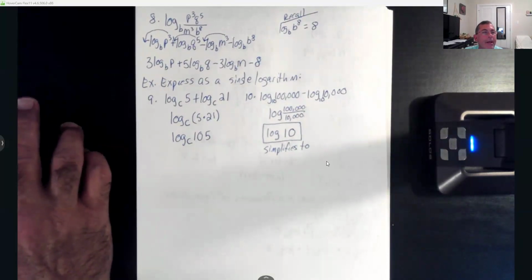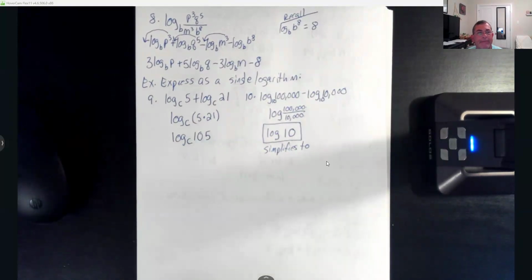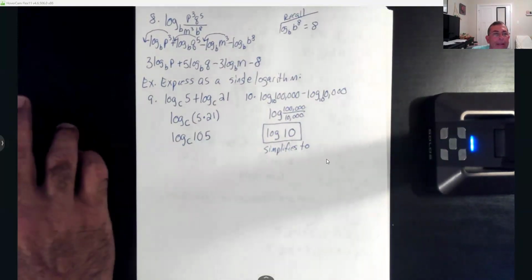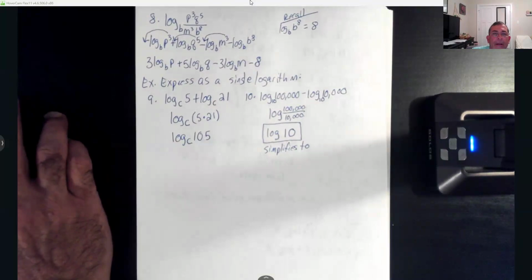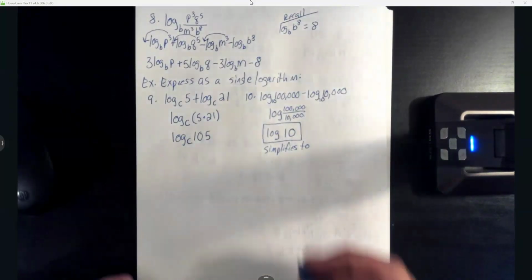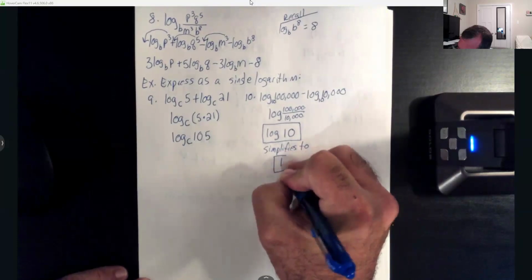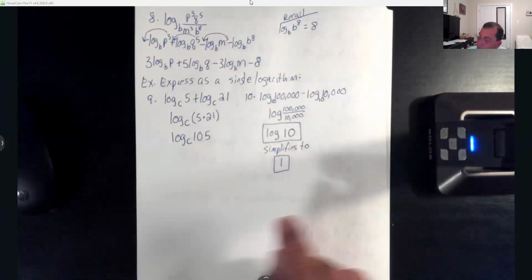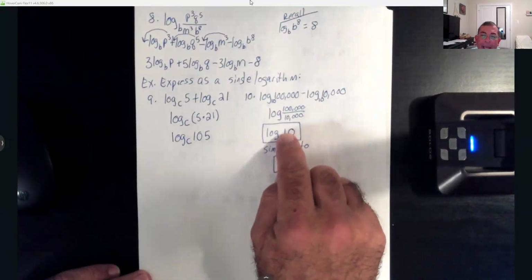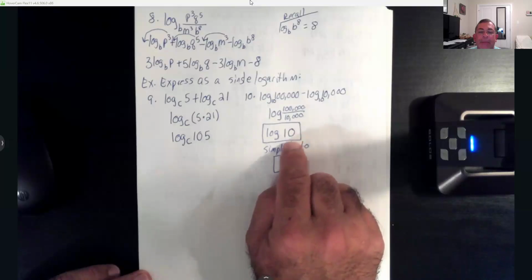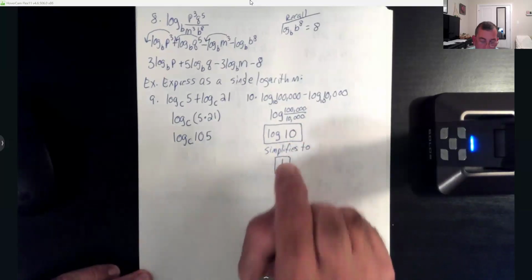So one of y'all got a calculator, right? So let's see. 1. So it is a 1. Good job. And then put that 1 in. So this will have you do the log 10 as the answer, but then it says, hey, this simplifies further to a 1.